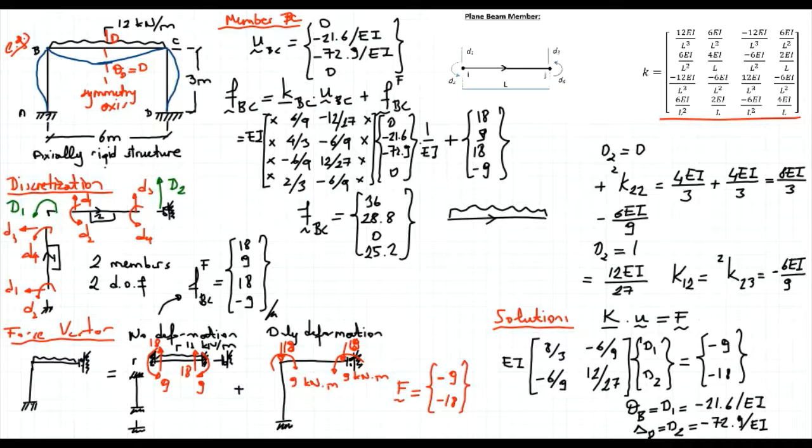So the shear force is in the upward direction, 36. Moment is in the counterclockwise direction, 28.8. As expected, the shear force at point D is equal to 0, and the moment is 25.2 kilonewton meters. And this is the final result.